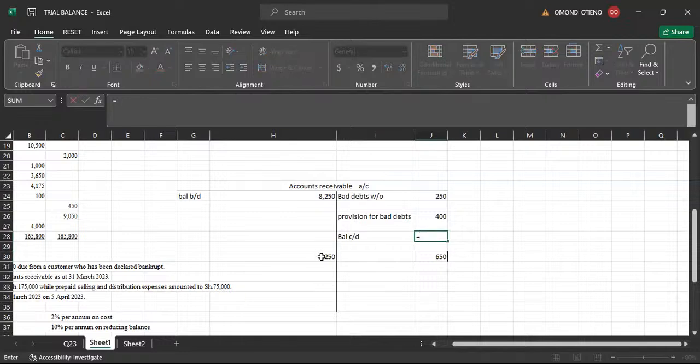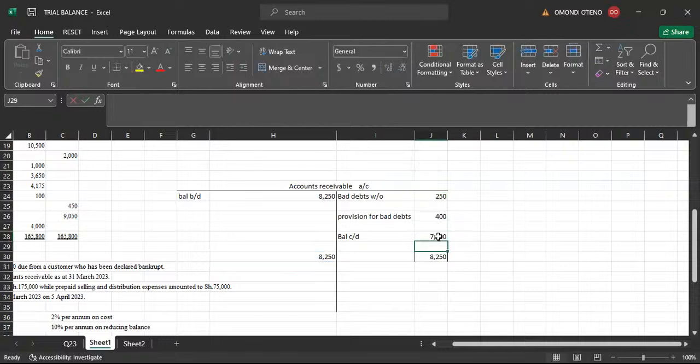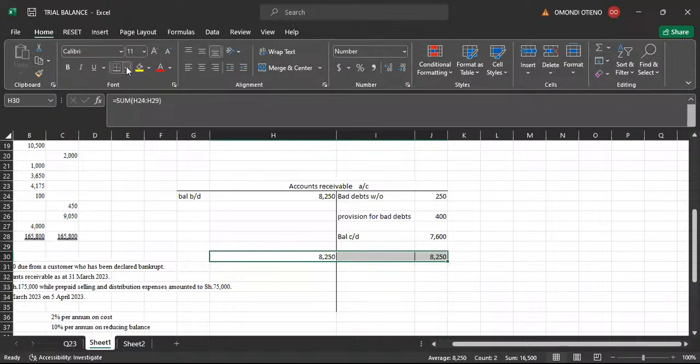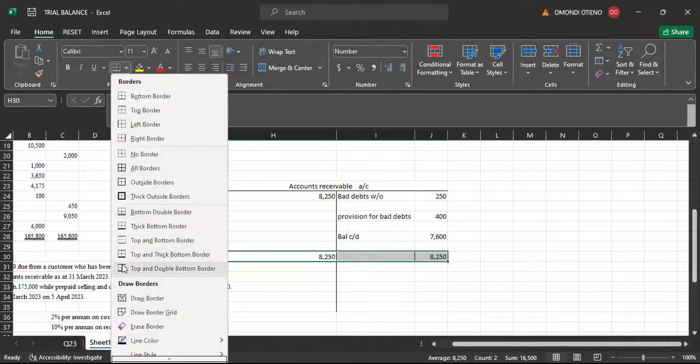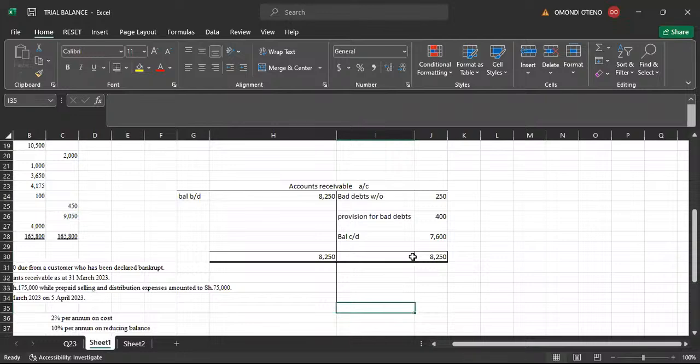I will take this minus what has been taken away. So my balancing figure is 7600. So if I go to the statement of financial position under current assets, in the section of accounts receivable, I am going to insert 7,600 as my value.